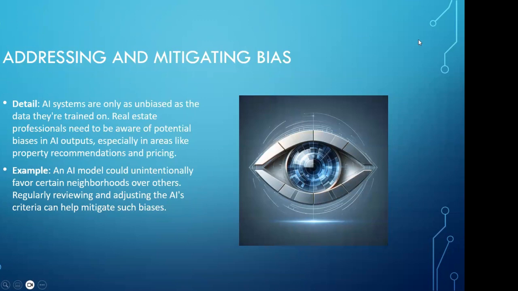The second is mitigating bias. One thing to be careful of is that these models draw off an immense amount of data and use algorithms to come up with their output. If you're not instructing it properly, or you're not 100% sure what data it's pulling, you could get situations where certain neighborhoods are unintentionally favored over others.